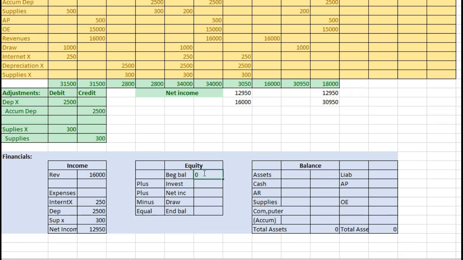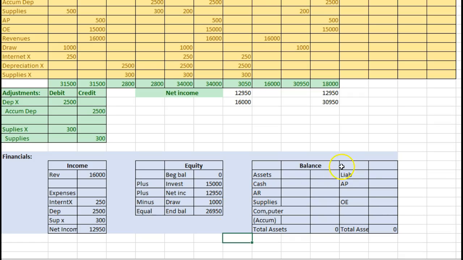Actually, it was 0. And they invested $15,000. We're going to add the net income and subtract the draw. And those numbers all come from up here. That amount would be 15,000 plus 12,950 minus 1,000, which should give me a total of $26,950. Now that becomes my new ending equity balance.